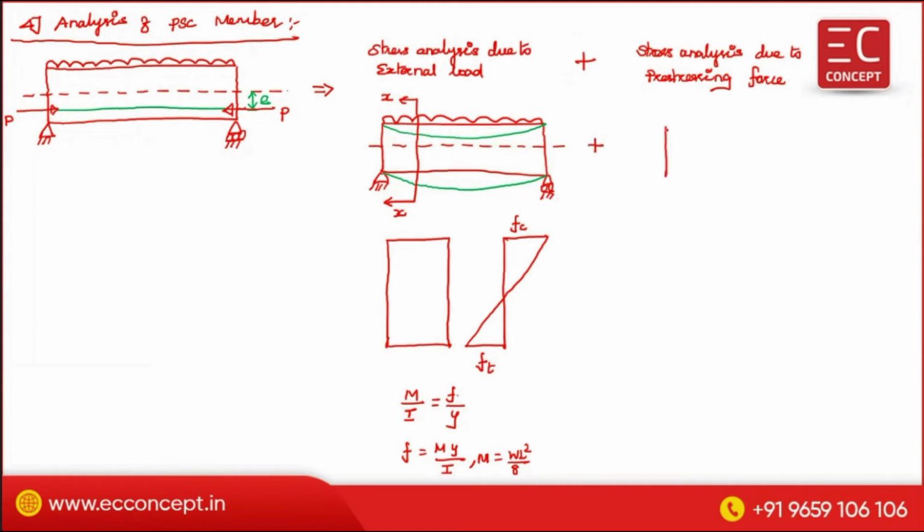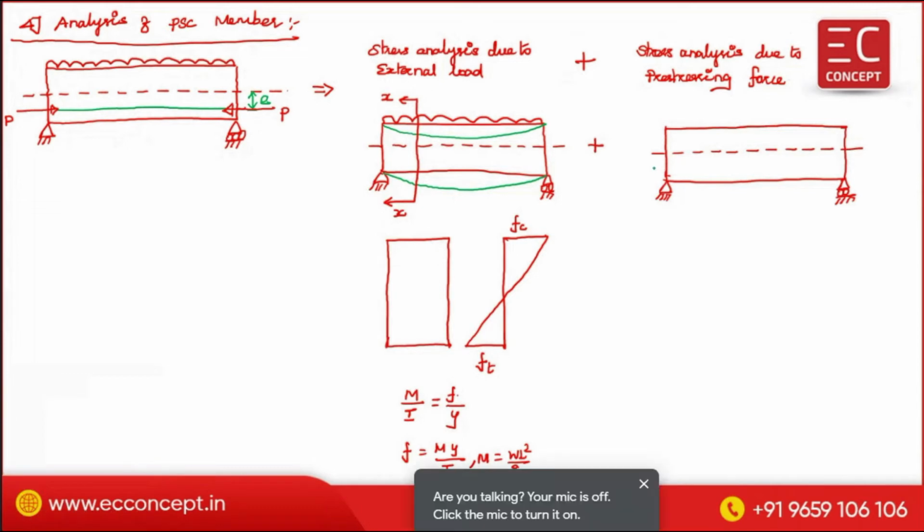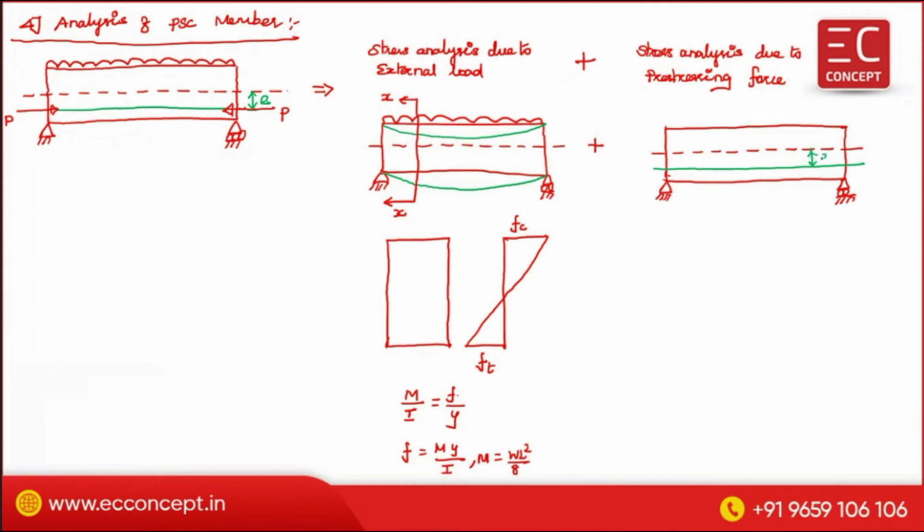Now next analysis is the simply supported beam with only pre-stressing force. You have to consider only pre-stressing force. So this is the neutral axis, and the pre-stressing force will be like that, with eccentricity e.